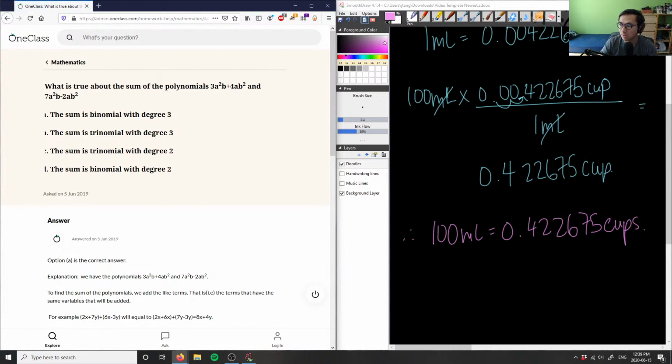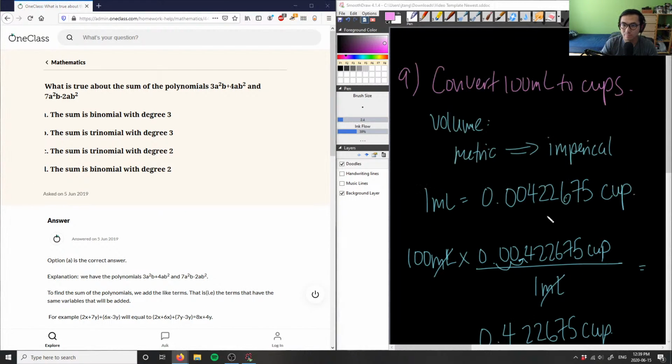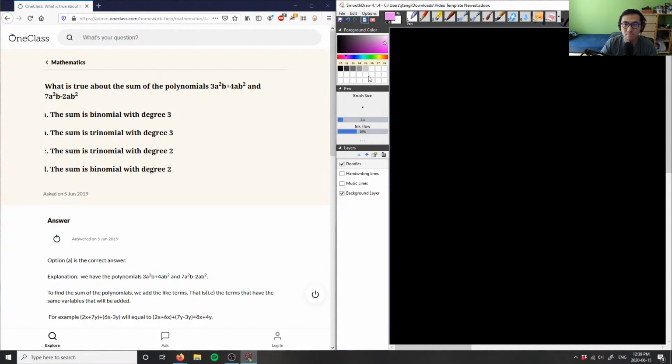And then finally, let's look at our last problem of the day. This is number 10. Number 10 is: what is true about the sum of the polynomials 3a squared b plus 4ab squared and 7a squared b minus 2ab squared?